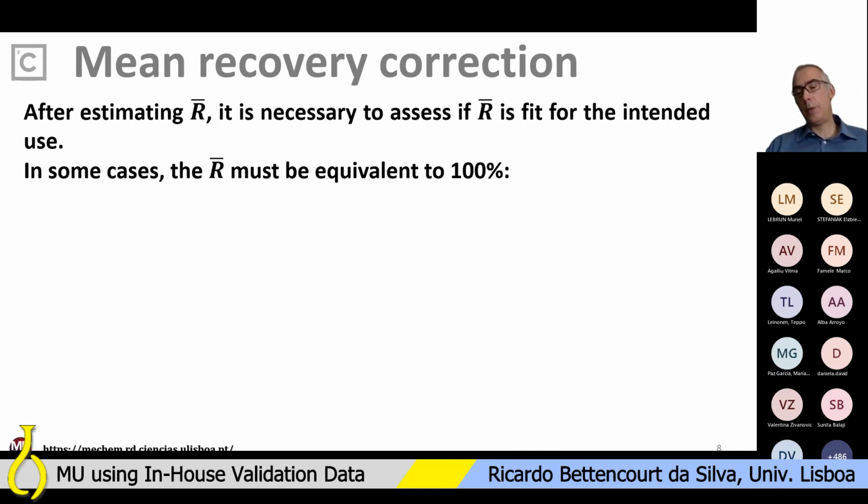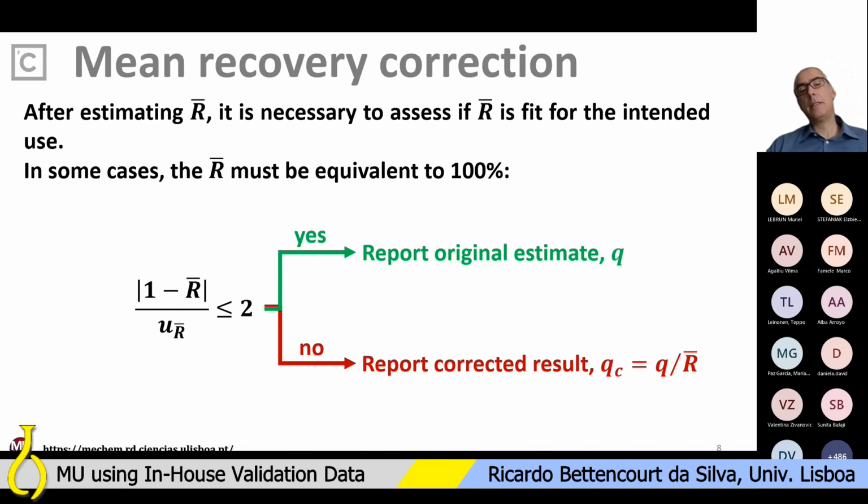Typically, we compare with the ideal recovery of 100%, and this is done using the test that I just described some minutes ago, where if this condition is valid, you don't need to correct the result for recovery. If this condition fails, and if you are allowed to, you should correct the results for recovery by dividing by the mean recovery.